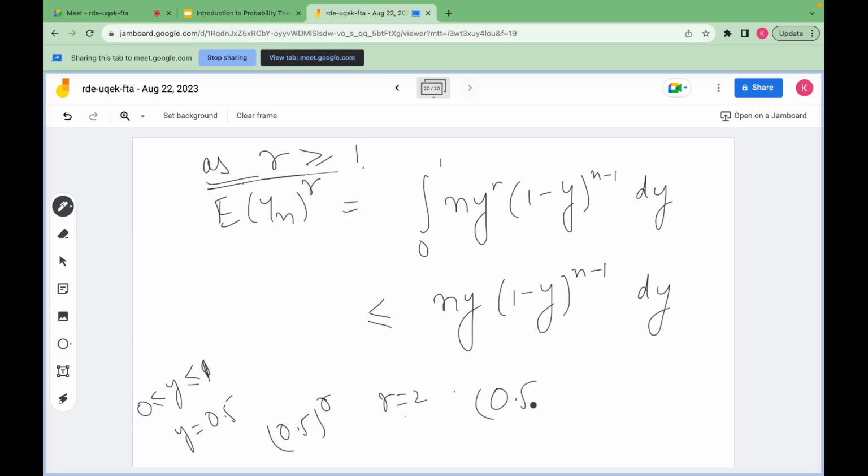So 0.5 squared is less than 0.5 to the power 1, right? So we are writing that only. So this quantity is less than this when we take r as 1, because y is between 0 and 1, and for such values, when we increase the power, the value will decrease, right?